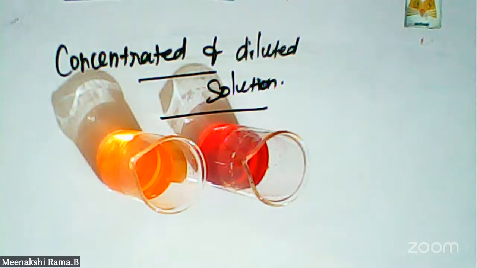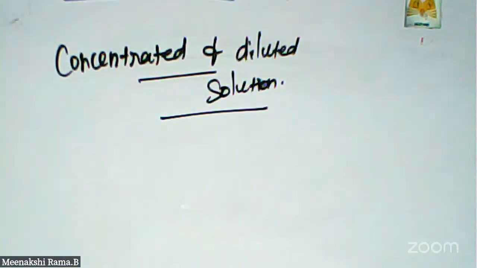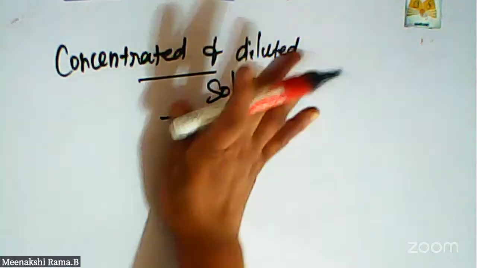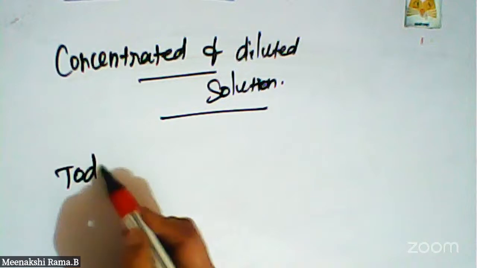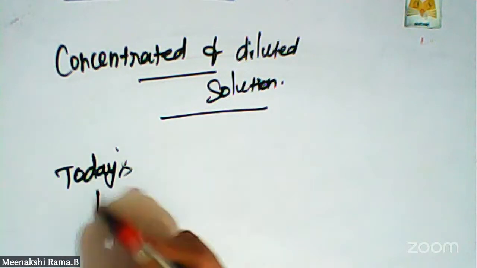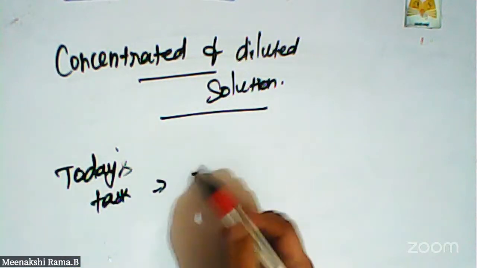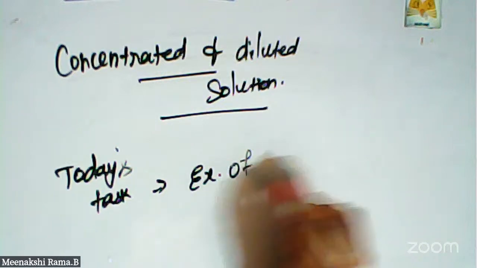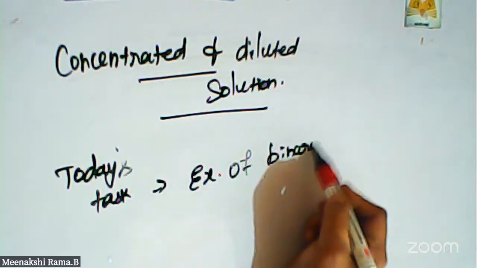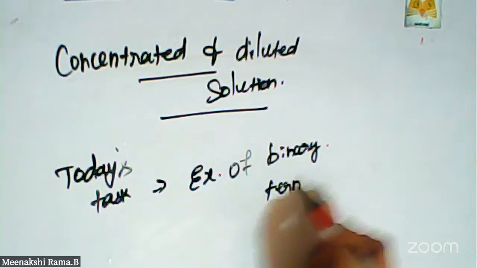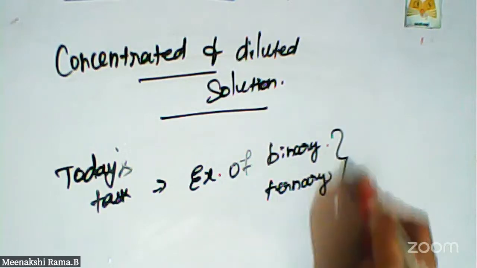And one more task, please give me some examples of binary and ternary solution. This is the task of today's session. Today's task is very simple, related to this topic, that is examples of binary and ternary solution.